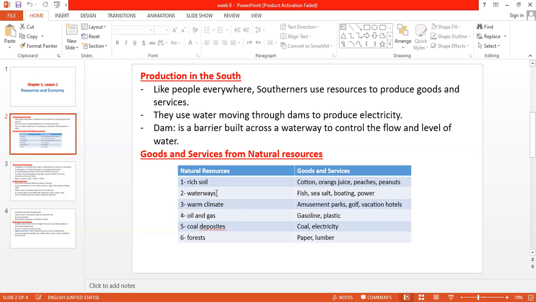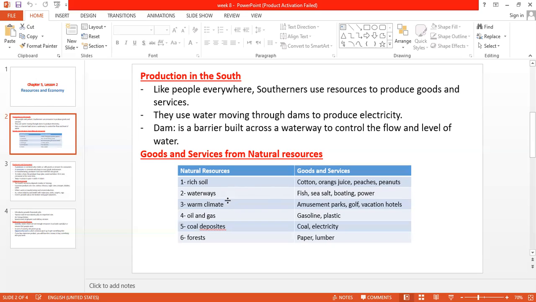We use the water of the Gulf of Mexico, the Atlantic Ocean, and the Mississippi River to catch fish, to extract sea salt, and also in boating, which means building ships and carrying goods and people. Also, we use the water in producing power. Here, by power, I mean electricity.